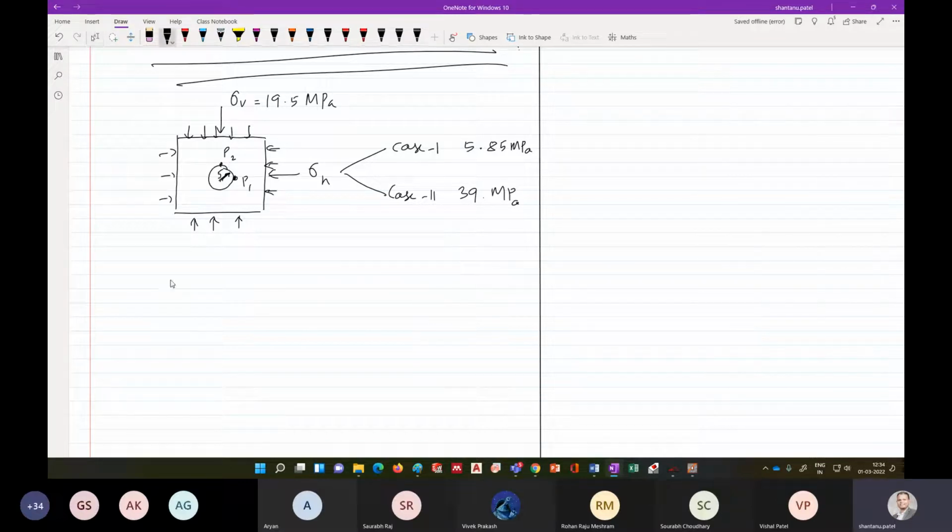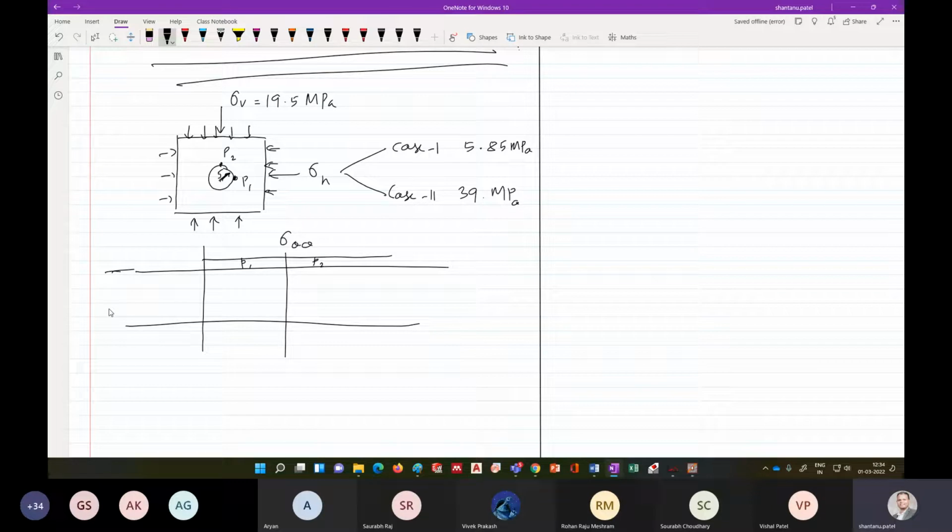So what we were looking at here was sigma theta at the boundary of the tunnel, at two points P1 and P2, and for the two cases.